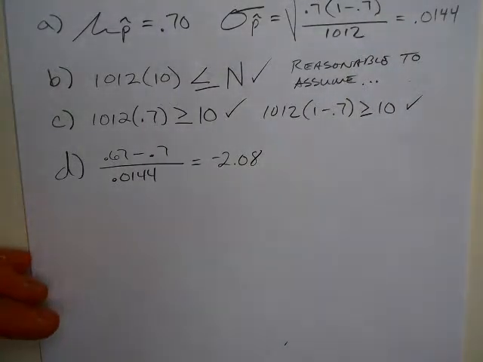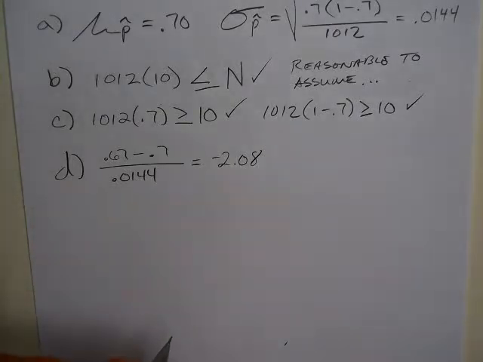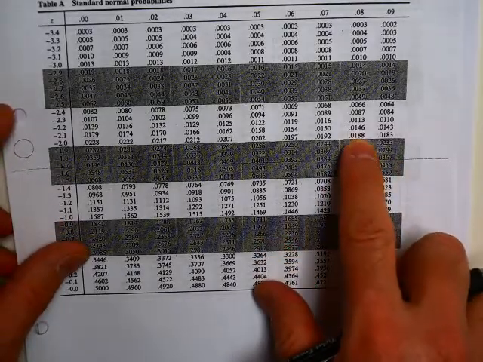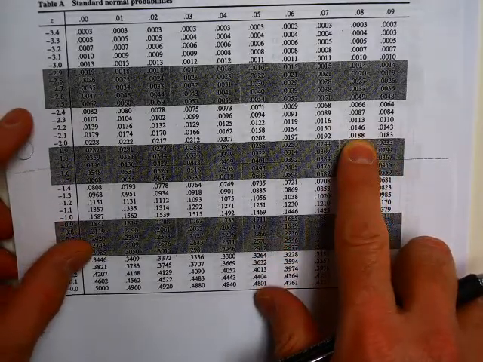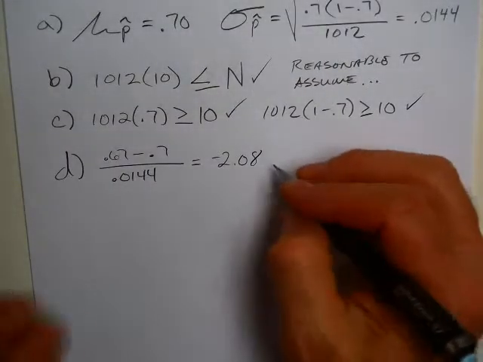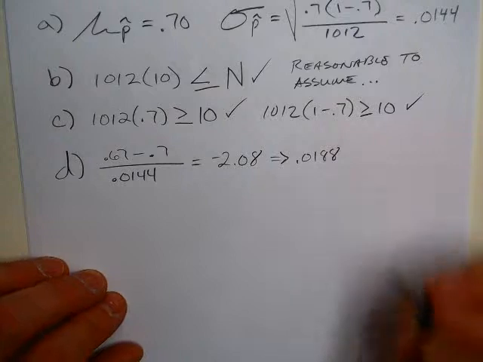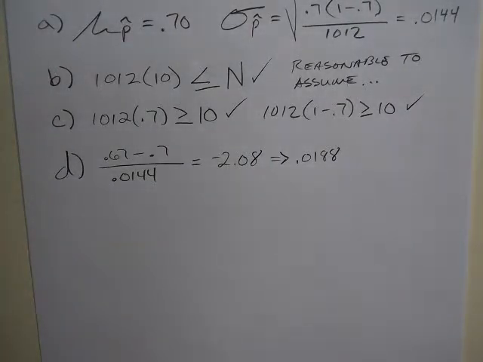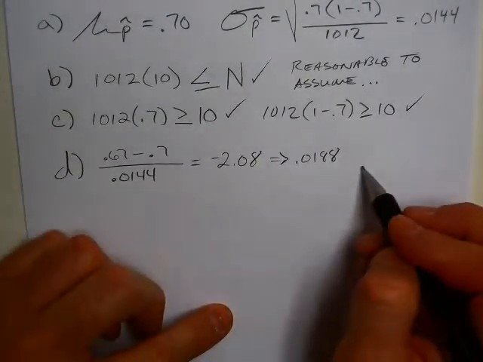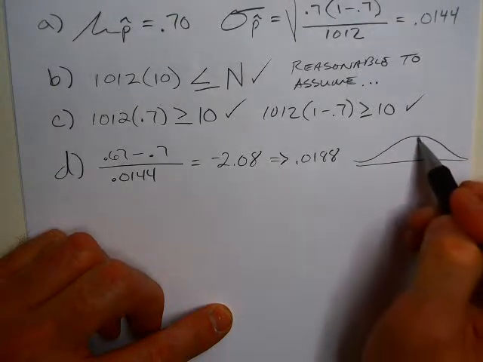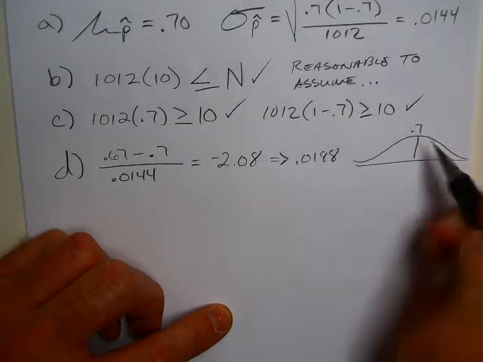So I'll go to my table A. I have more table A's if you need one. I'll get you one here in a little bit if you need it. So if I go to table A and I go to negative 2.08, I find that that's 0.0188. So looking at this in terms of a curve, 0.7 is my mu, right?